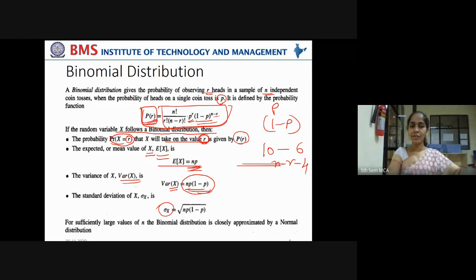Okay. Now for sufficiently large values of n, that is, if you increase the number of instances in the sample and you increase the number of experiments, that is the number of samples you have taken. Not only the instances in the sample, but also the number of samples you have taken. If you keep on increasing the number of experiments, in such cases, for sufficiently large values of n, the binomial distribution is closely approximated by a normal distribution.